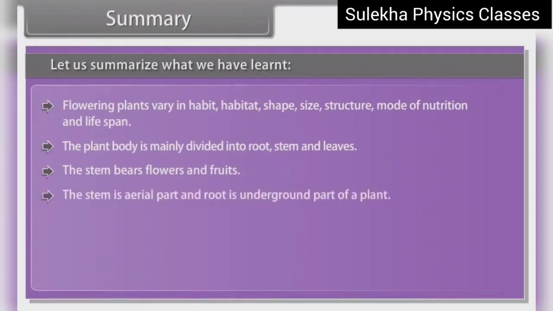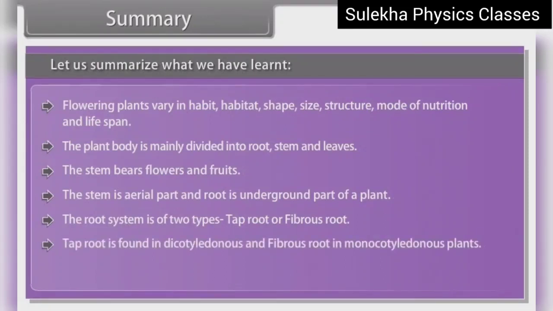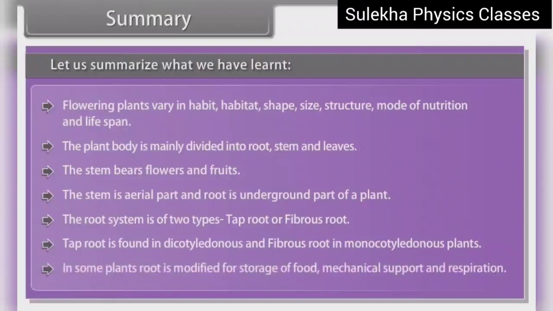The stem is the aerial part and the root is the underground part of a plant. The root system is of two types: taproot or fibrous root. Taproot is found in dicotyledonous and fibrous root in monocotyledonous plants. In some plants, root is modified for storage of food, mechanical support, and respiration.